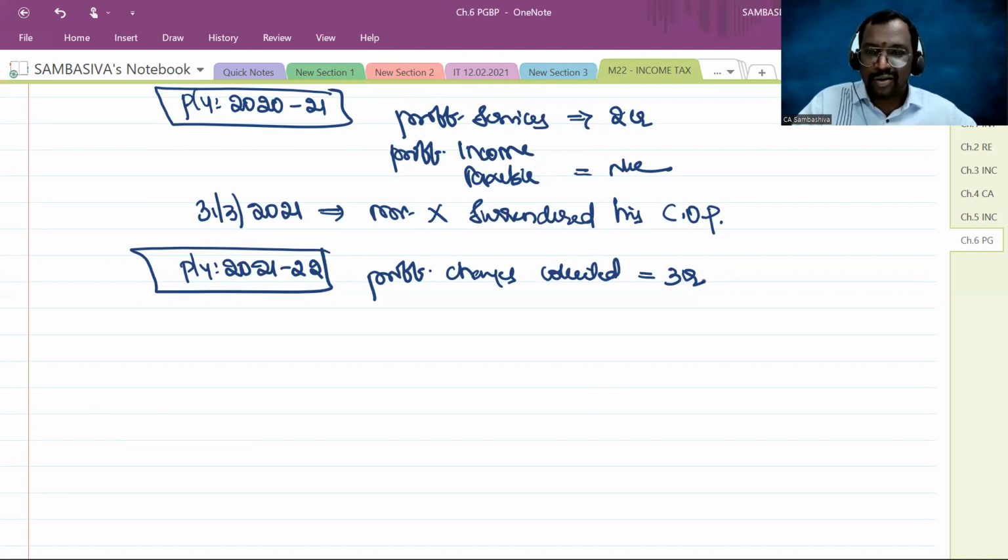What does section 28 clause 1 say? Yes, profits or gains arising from the business or profession shall be chargeable to tax, but there is a condition. You just follow that condition. What is the condition? That business or profession must have been carried on by the assessee or on his behalf.